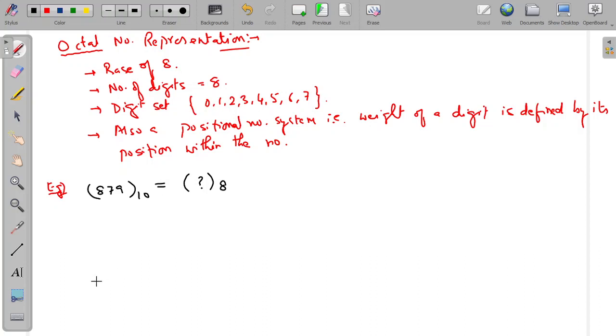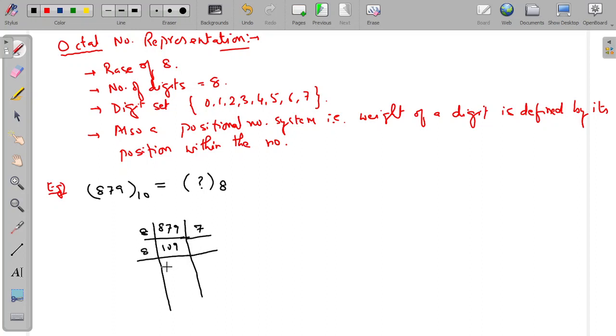Okay, not equal to, actually smaller than 7. So we can perform this operation here, 879. Let's divide it by the base, that is 8, and so 8 times 109 would be 872, and the remainder would be 7.